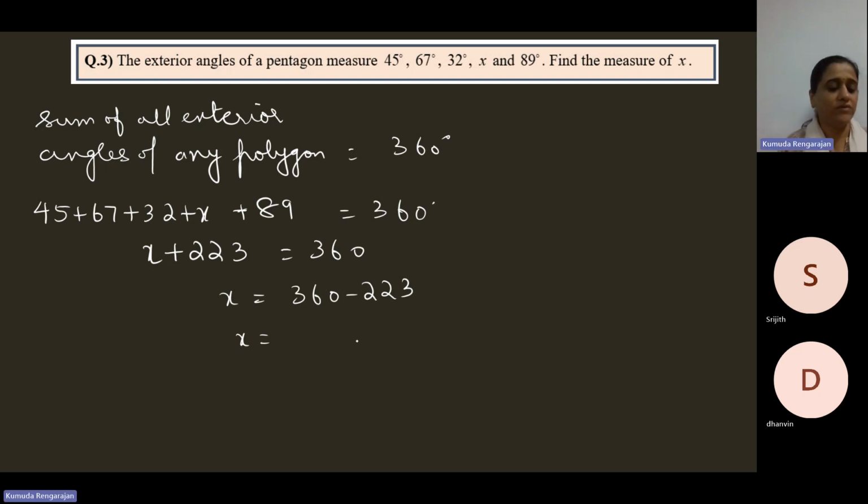Dhanvan, I think you gave a different answer. Yes, ma'am. I thought it was 540. The question is about the exterior angles, not the interior angles.